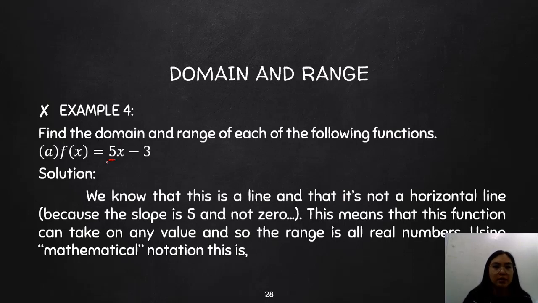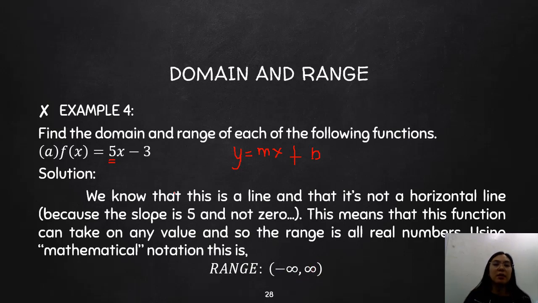Di ba parang it takes the form y is equal to mx plus b? Parang your slope-intercept form. This means that this function can take on any value, and so the range is all real numbers. And when we use mathematical notation, this becomes the range is equal to negative infinity to positive infinity.